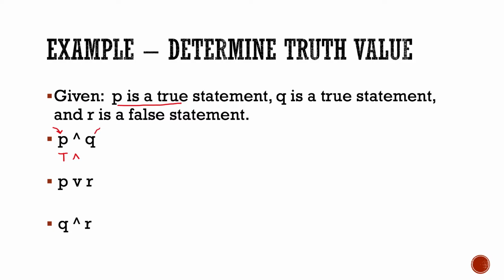Now I'm going to do the same thing for the Q. The Q is also a true statement, so I'm going to put a T for that one as well. Now I need to know what true and true is equal to. To determine that, I'm going to go back to my table that has the and in it.